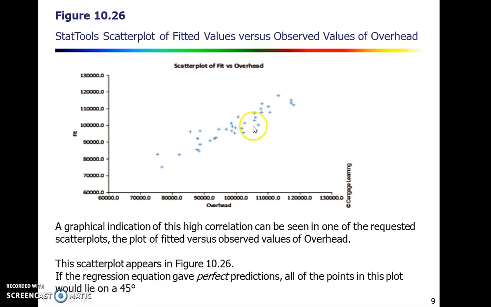These scatter plots appear in this figure. If the regression equation gave perfect predictions, all the points in this plot would be on the 45 degree line. If you see this, the perfect fit will be at 45 degrees. See here, it will be like that.